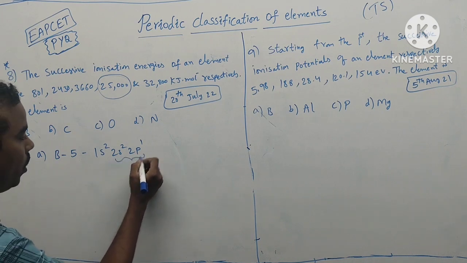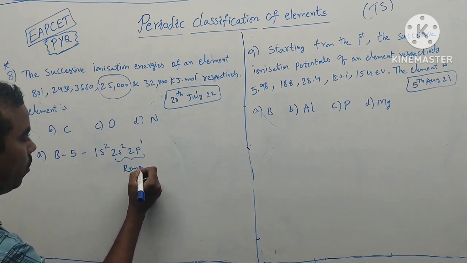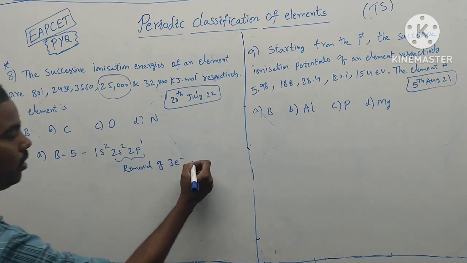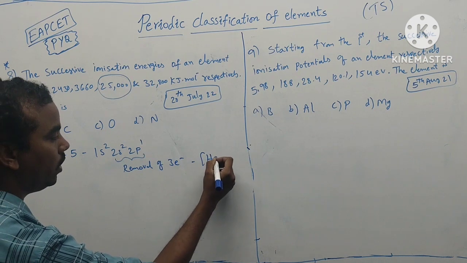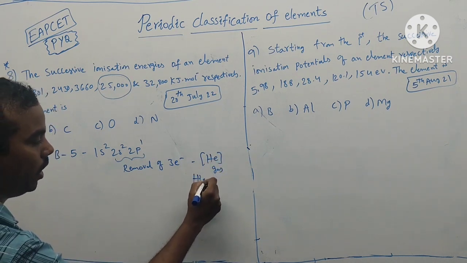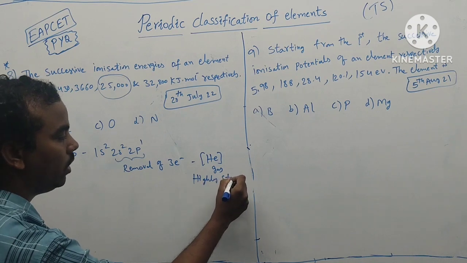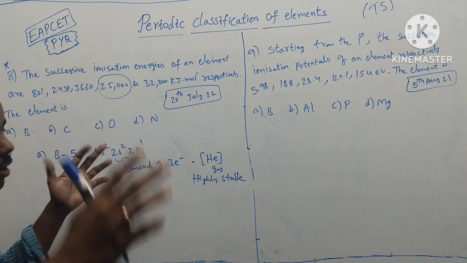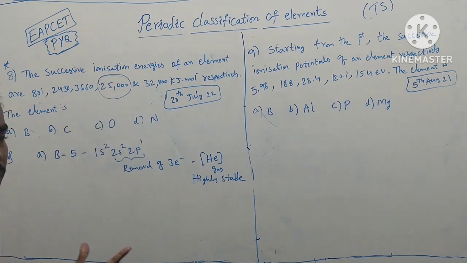So after removal of 3 electrons, it is converted to helium gas configuration. It is highly stable, and highly stable means high ionization energy is required. That's why the difference is more: here 3000, here 25,000. Highest energy is required to remove from helium configuration.